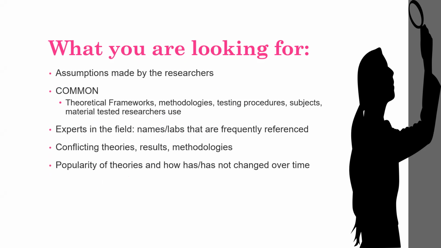A lot of times in your annotated bibliographies, you mentioned CRT. When we look at critical race theory and how it was used in this study, are we seeing that run through multiple of the studies that we used? If CRT keeps coming through, then that's going to be one of the theoretical frameworks that we want to acknowledge.